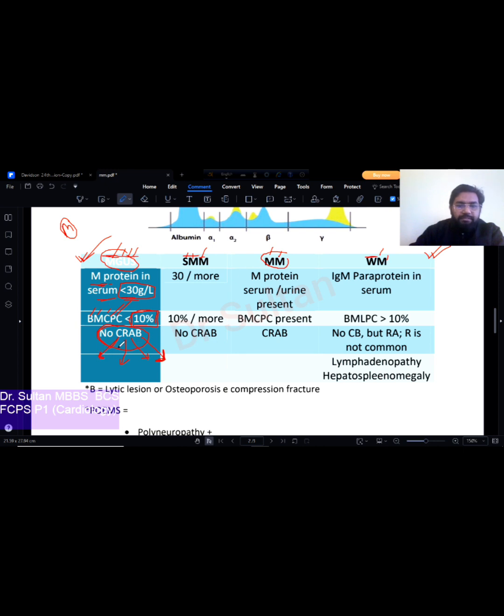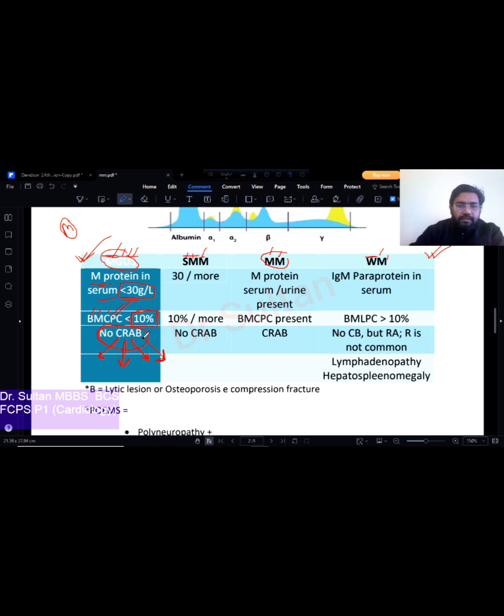C means calcium, that is hypercalcemia. R means renal impairment, like the serum creatinine can be raised. A means anemia, the hemoglobin has been reduced.